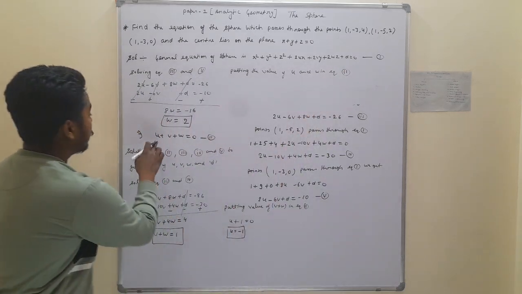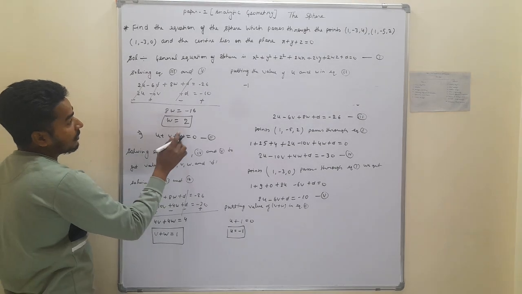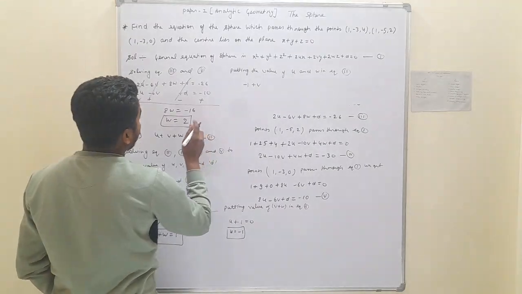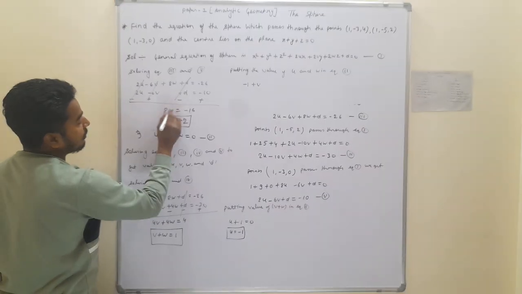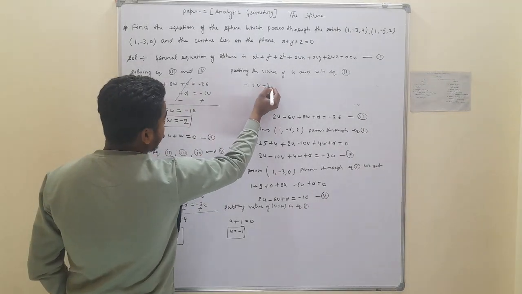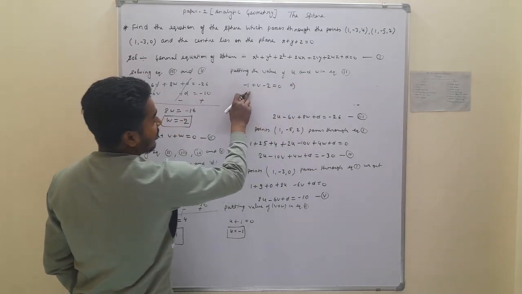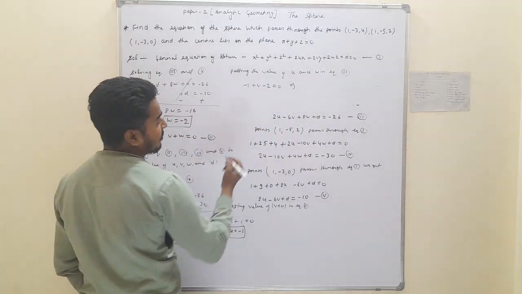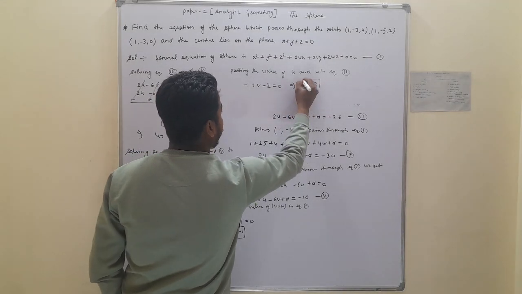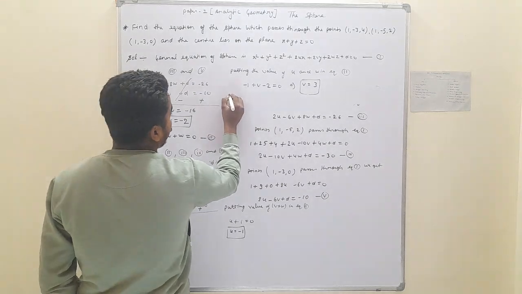Putting u is equal to minus 1 and w is equal to minus 2, plus v, this is minus 2 plus v is equal to 0, and from here we get minus 4 and minus 1, this is minus 3, and v is equal to 3. We get the value of v also.